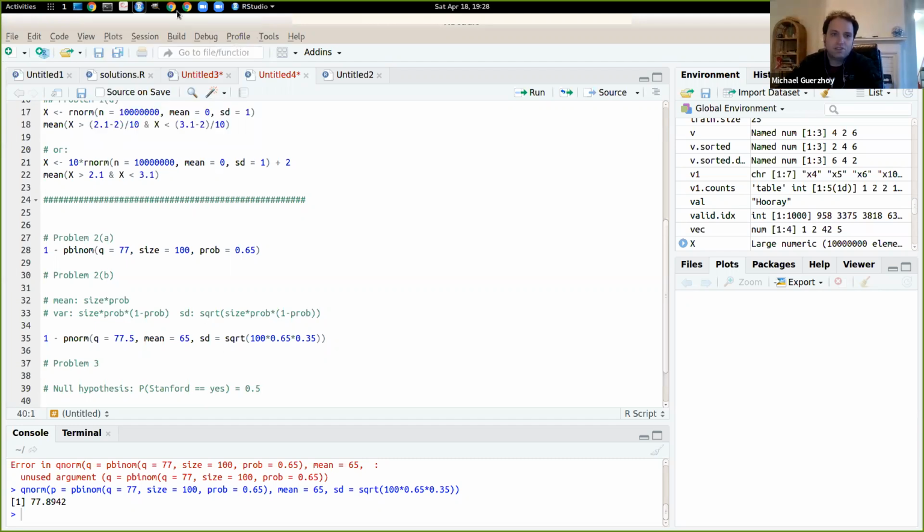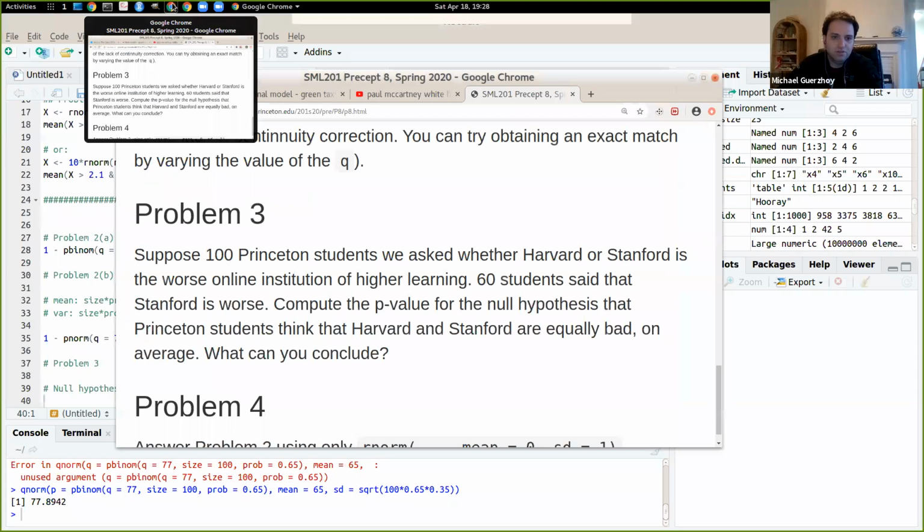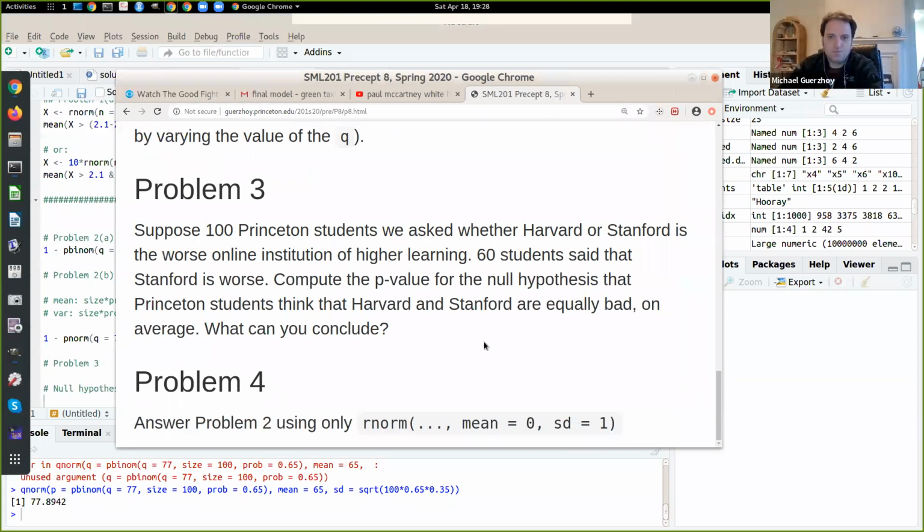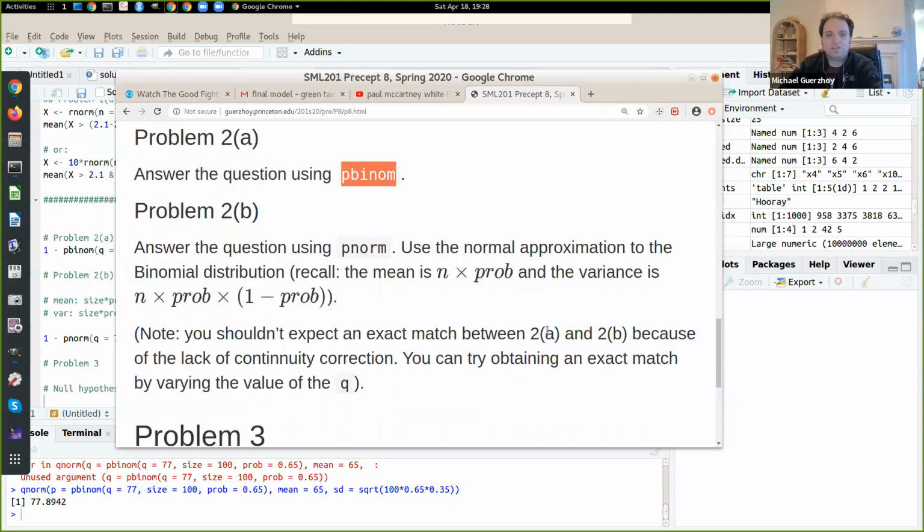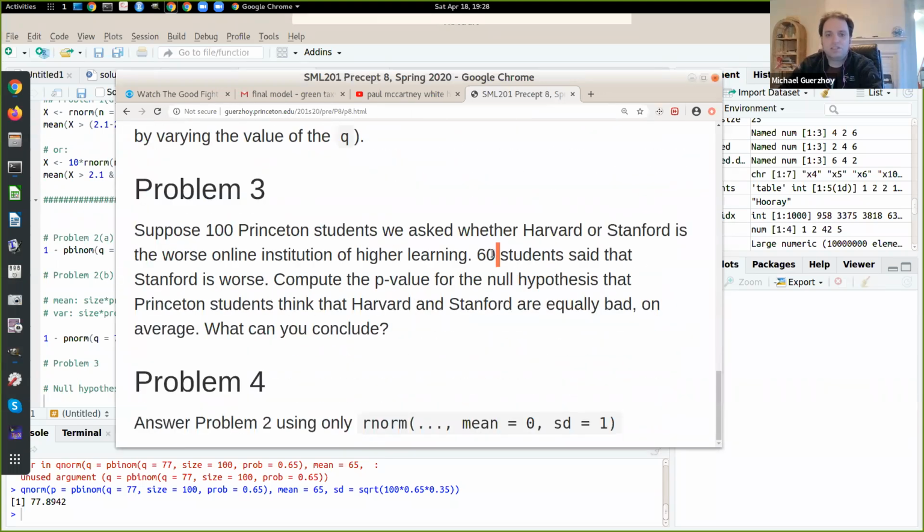Now we're asked to compute the p-value for the null hypothesis, where 60 students said Princeton is worse. So we need to compute the probability of 60 or more or 40 or less, right? The p-value would be the probability of seeing something as extreme or more extreme than 60 as compared to the 50 that we expect.